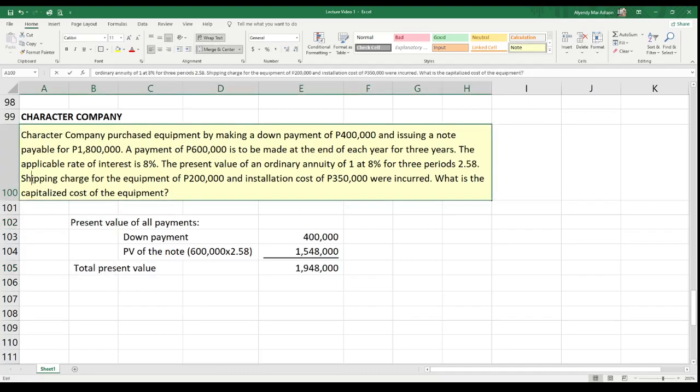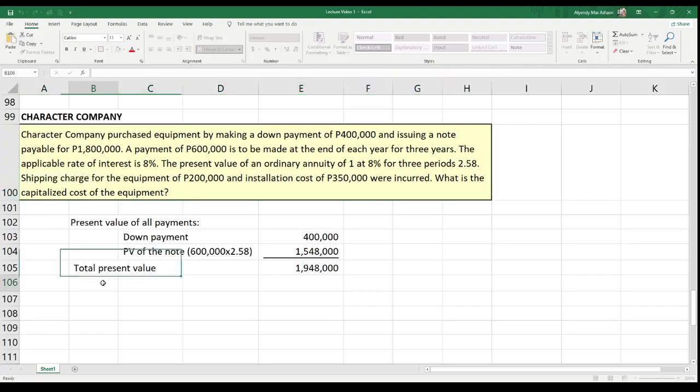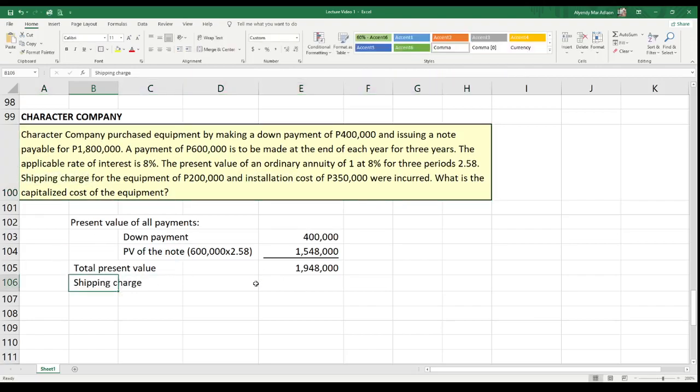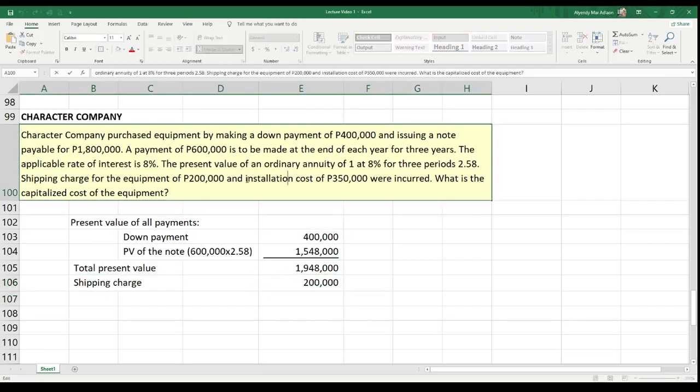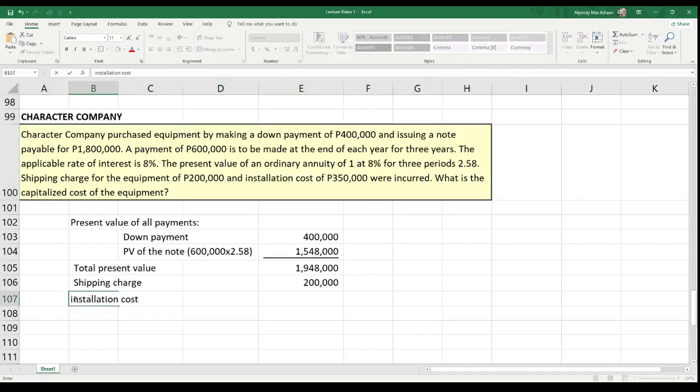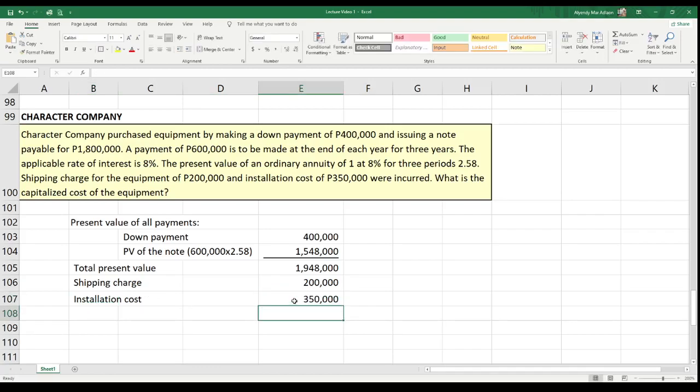Now, since we also have a directly attributable cost which is the shipping charge and the installation cost, so we also have to add it in our cost. So we have shipping charge, which is 200,000, and installation cost, which amounts to 350,000 pesos.